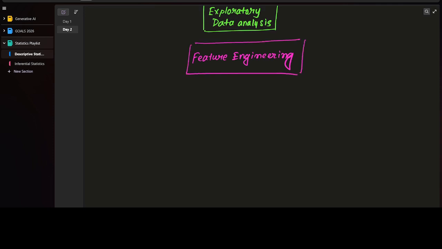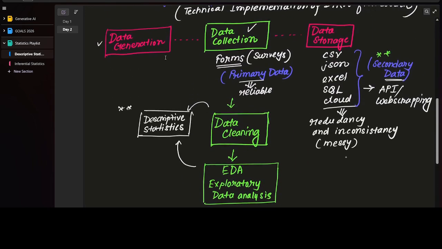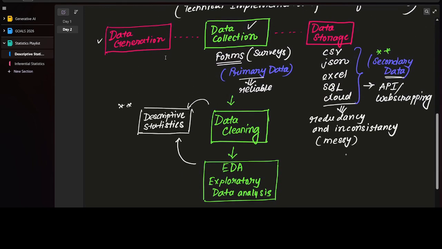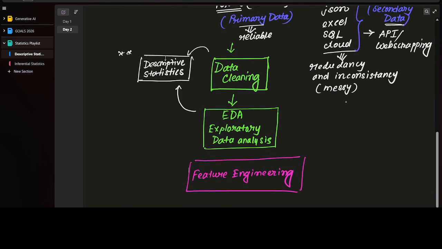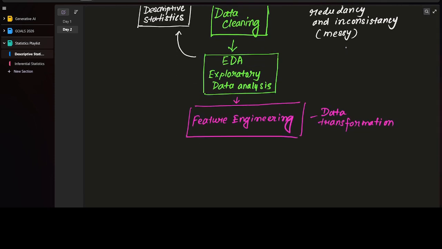If you are going to train a model on that particular data set, you need to do feature engineering, where you do some data transformation.